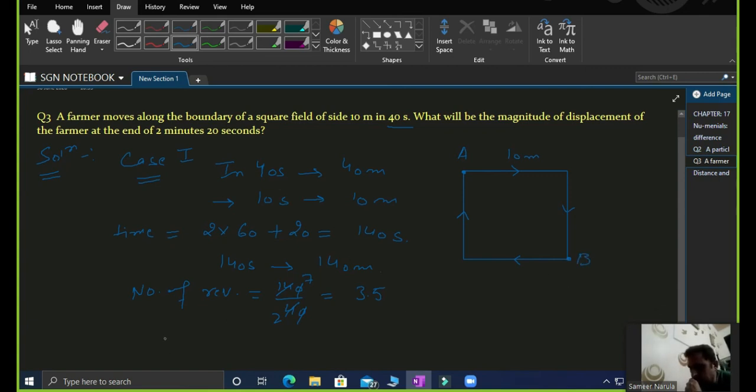In that situation, the displacement would be the shorter distance between A and B. This should be the shorter distance, and this is your direction.